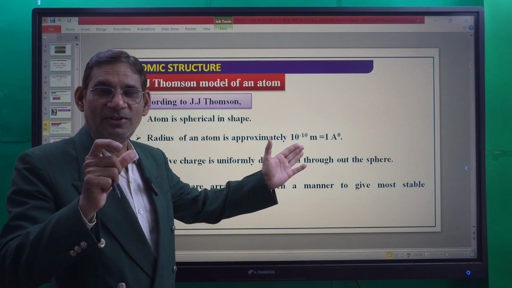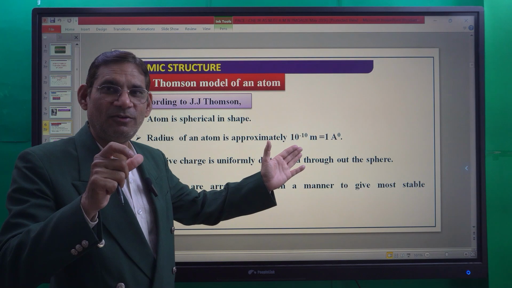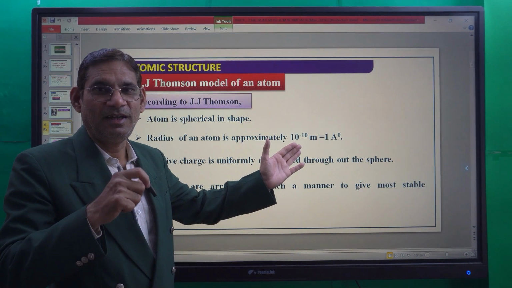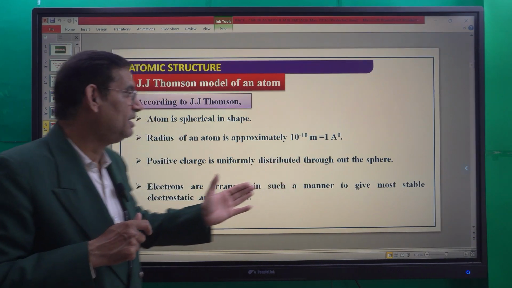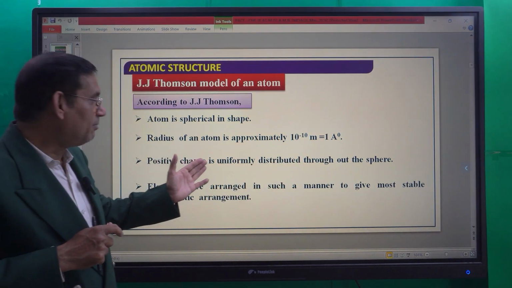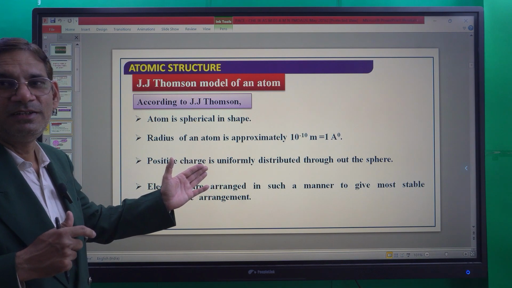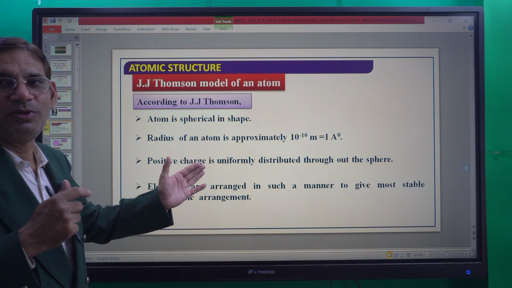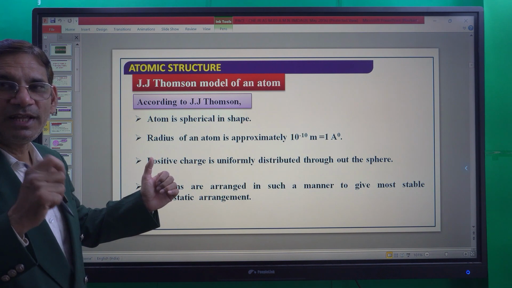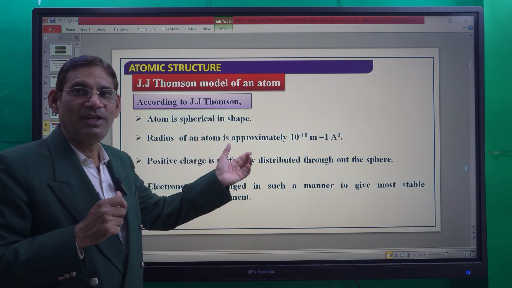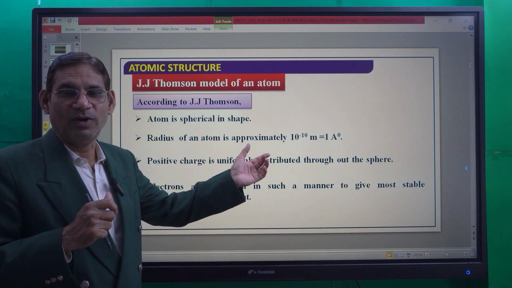So this is the point which was obtained in this atomic model, that the radius of the atom is around 10 to the power minus 10 meter. And positive charges are uniformly distributed throughout the atom, throughout the sphere, throughout the ball. The first observation is that the radius of the atom is 10 to the power minus 10 meter or 1 angstrom.